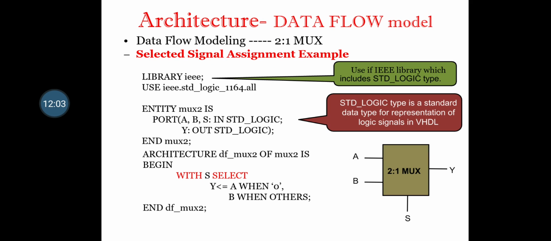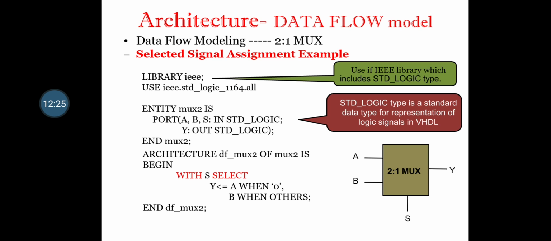Architecture name of mux2 is, then the begin word, and here we are going to use with select. You can see here with, and then S is the select signal, and select is the reserved word. Depending on S, the output will be generated.